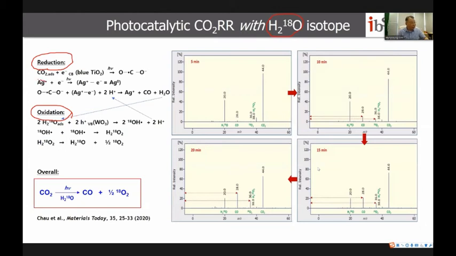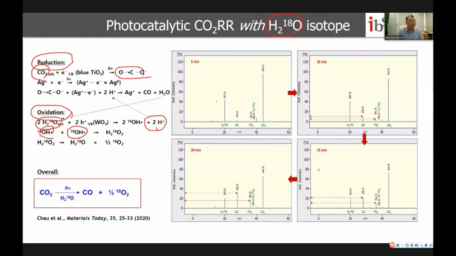We start with the materials CO2 and water, and then on the reduction side, absorbing electrons makes this intermediate, and the oxidation part makes these two protons and also this hydroxyl radical intermediate, isn't it?